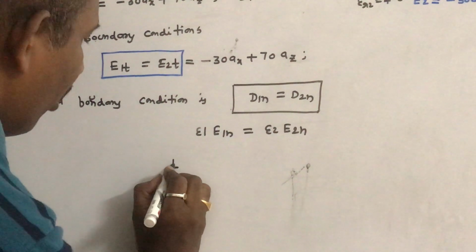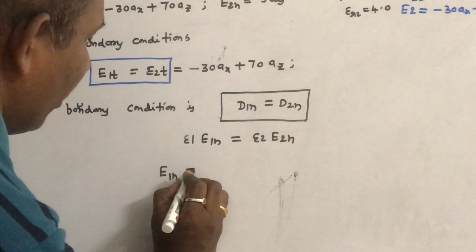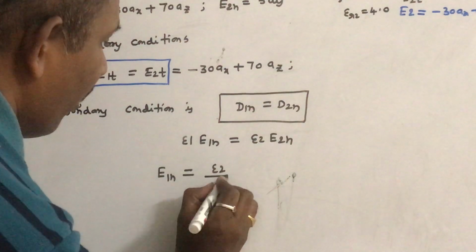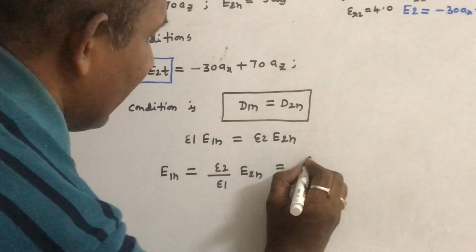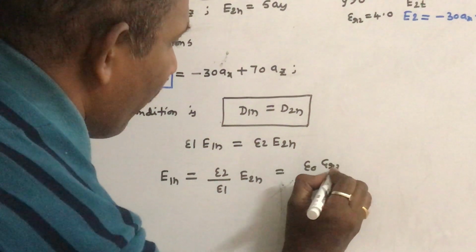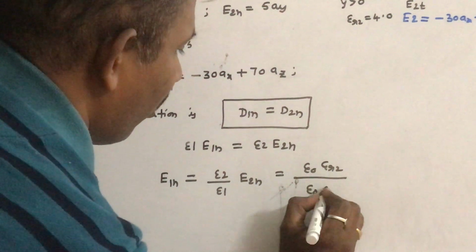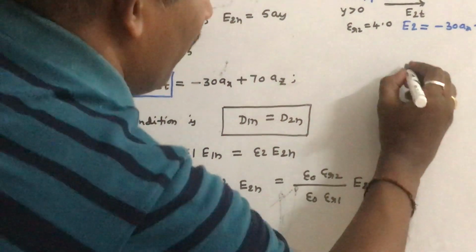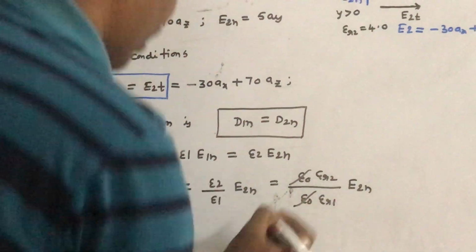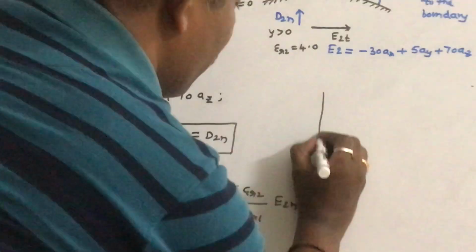We want to find the normal component in medium 1. E1n is equal to epsilon 2 by epsilon 1 into E2n, which is epsilon naught epsilon r2 by epsilon naught epsilon r1 into E2n. Epsilon naught cancels out.